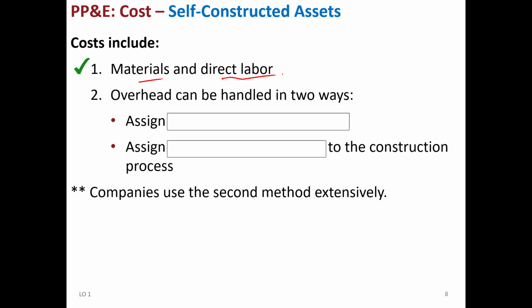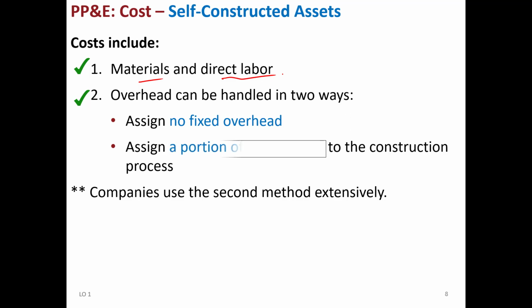Overhead, so materials and labor, overhead, any type of lighting, any type of heating, right? Those things are sort of general, not directly related to the asset. Those things need to be allocated to the overall asset as well. So assign either no overhead at all, or assign some portion of your utilities to the construction in process. Those ways tend to work fairly well.